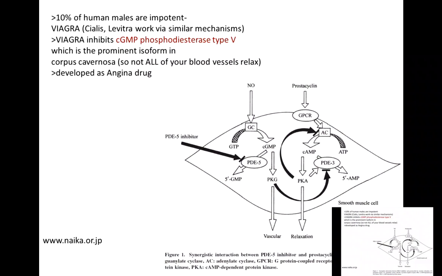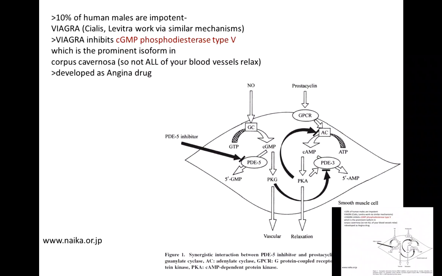They didn't know until after the trial that it was reacting specifically with the type of cyclic GMP phosphodiesterase that is expressed in erectile tissue. And that's why they had the dramatic effect during clinical trials that these men who were being tested for treatment for angina had persistent erections.